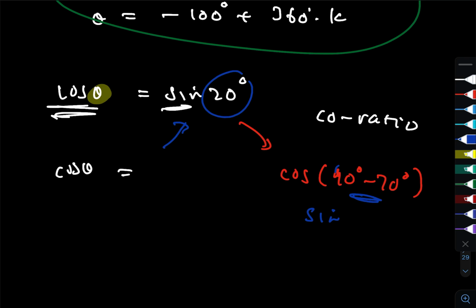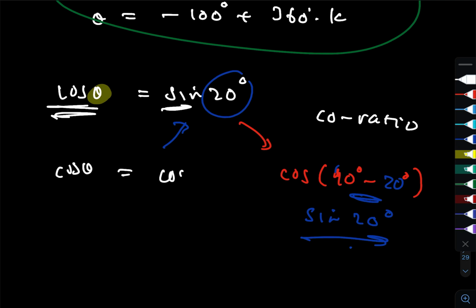Should be minus 20 degrees, I think. 90 minus 20 degrees is going to give me sine 20 degrees. But I know that 90 minus 20 is 70. So this gives me cosine 70 degrees if I want to work with the cosine.